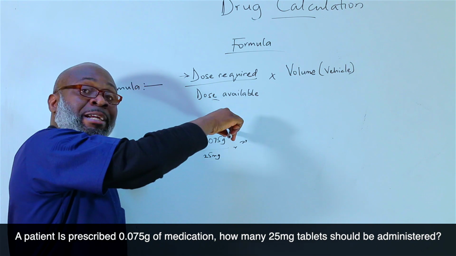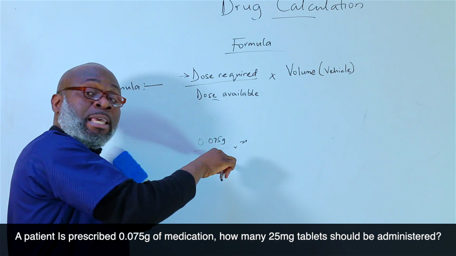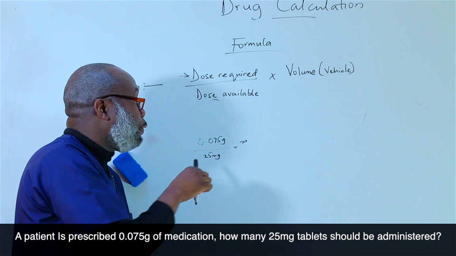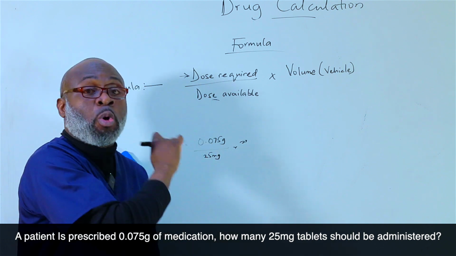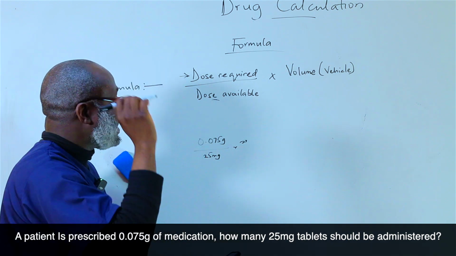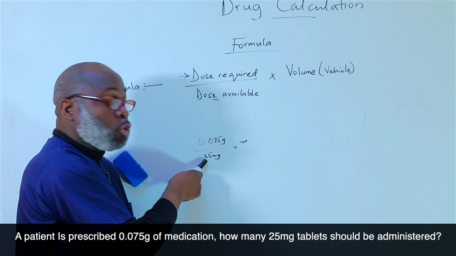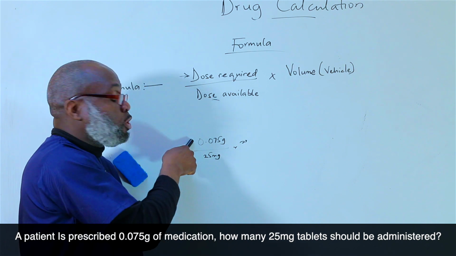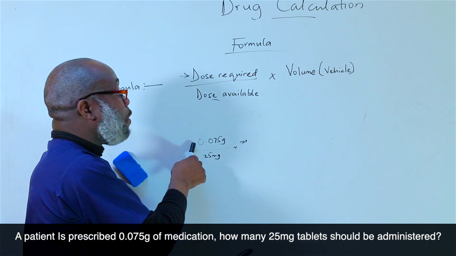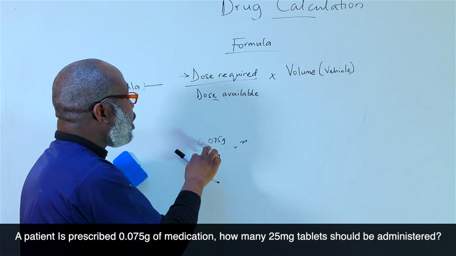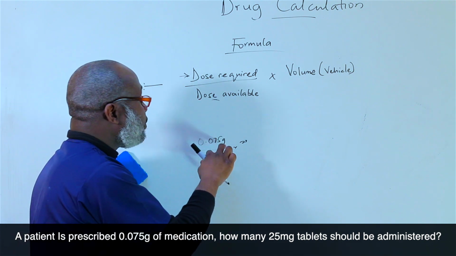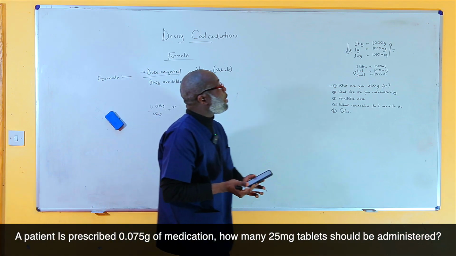Remember, this is in gram and this is in milligram. If you do it like this, you're going to get it wrong. So the first thing is either you convert this to gram or you convert this to milligram. I think it is better to convert to milligram. So 0.075 gram to milligram.